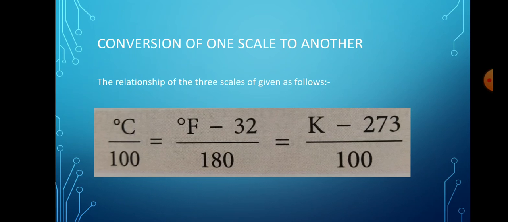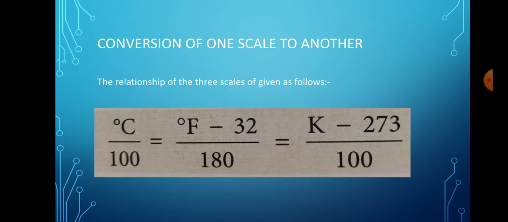Now, if we want to convert degree Celsius into Fahrenheit or Fahrenheit into degree Celsius, we can take up the formula as degree Celsius upon 100 is equals to Fahrenheit minus 32 upon 180.